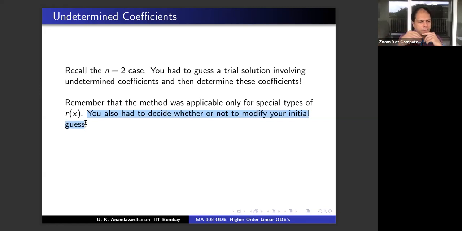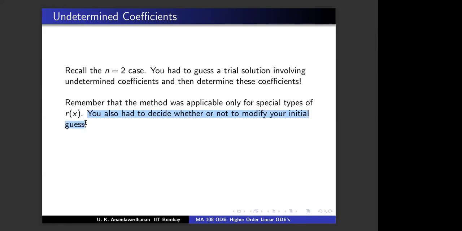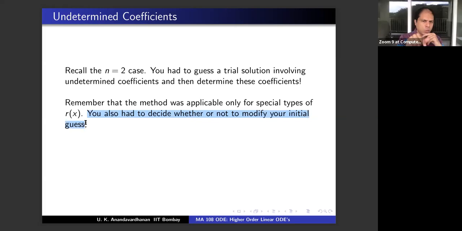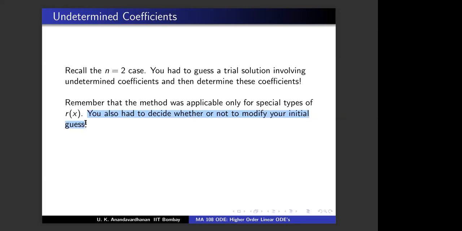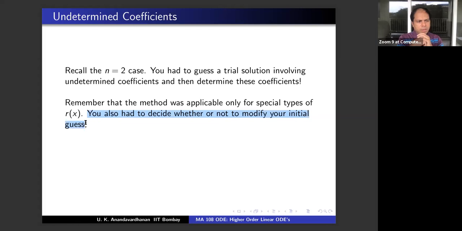And how did you modify? Multiply by x. If that was also part of the homogeneous solution, then multiply by x squared, and so on. Will this process go on and on?